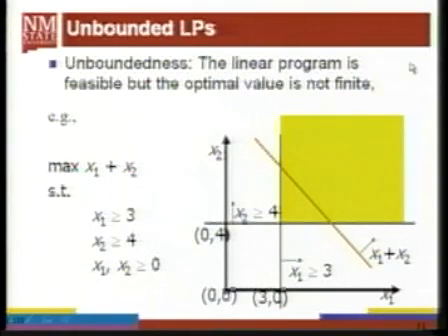Because if we move the isovalue line, which is this line, in this direction, we can improve our objective function value. But we never leave our feasible region. Okay? This is the case of unboundedness, or unbounded LPs.